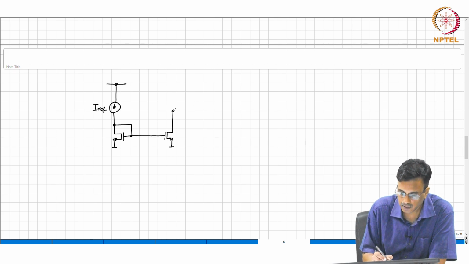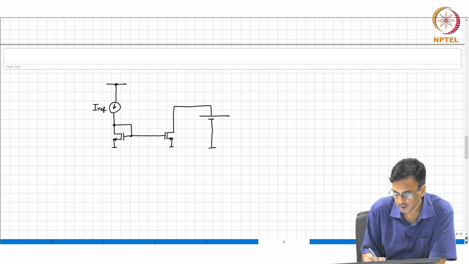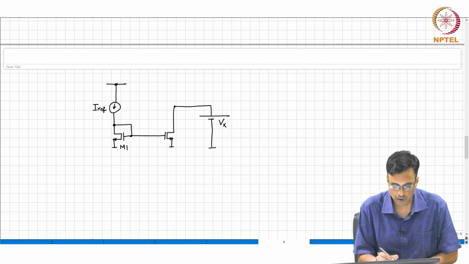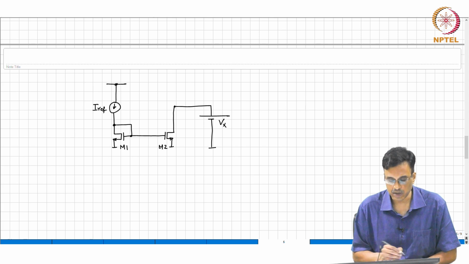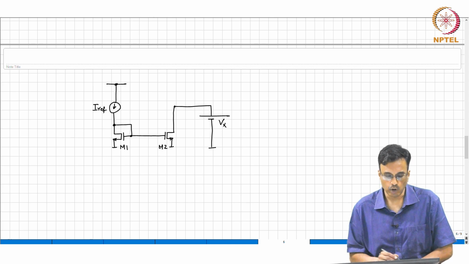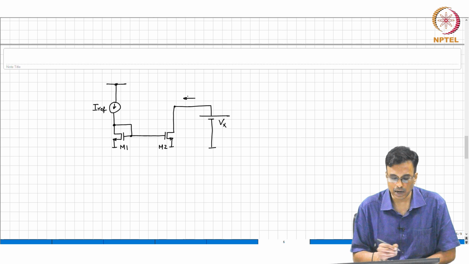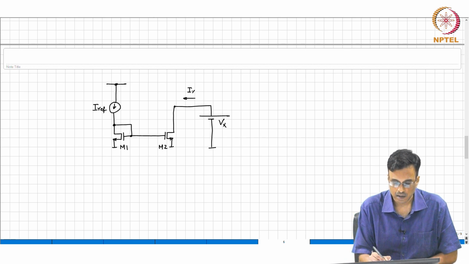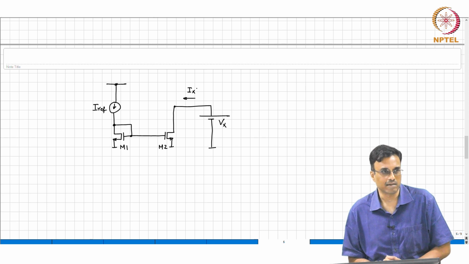So, ideally, regardless of the voltage Vx, as long as the transistor M2 is in saturation, what comment can you make about the current? Ix is going to be IREF.